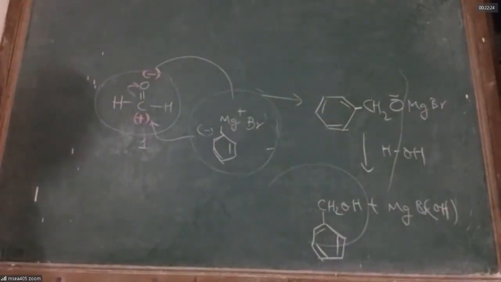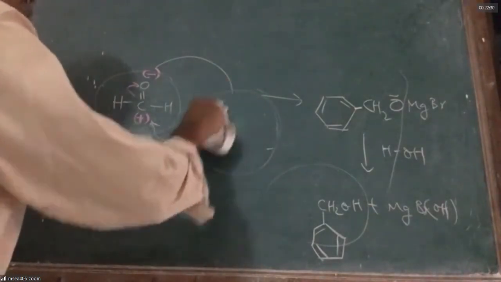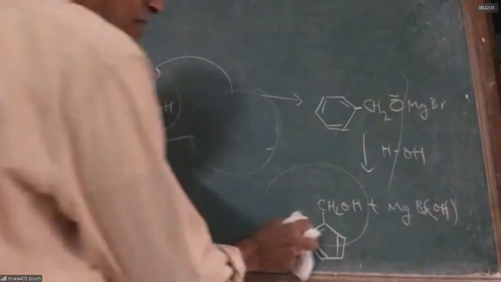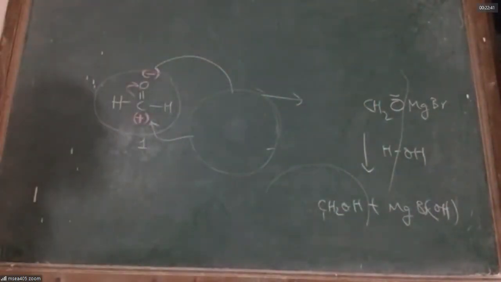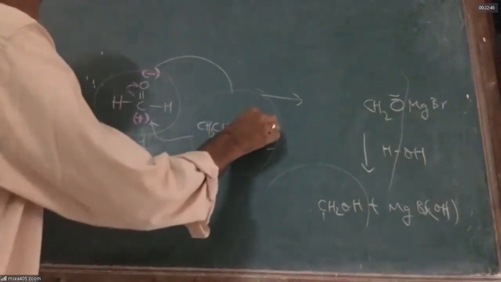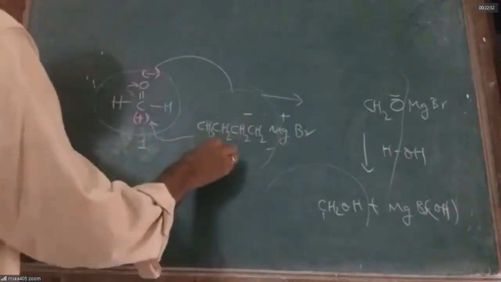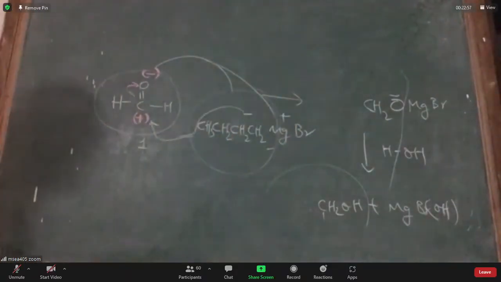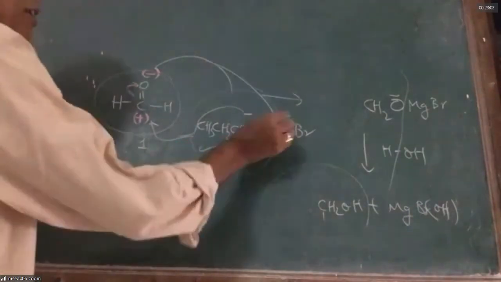In this equation, instead of taking phenyl magnesium bromide, you choose any Grignard reagent which has more carbons. You take, for example, butyl magnesium bromide. This is minus, this is plus. Now the butyl group attacks.